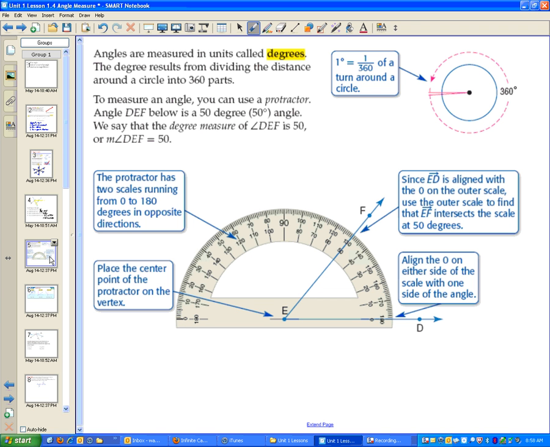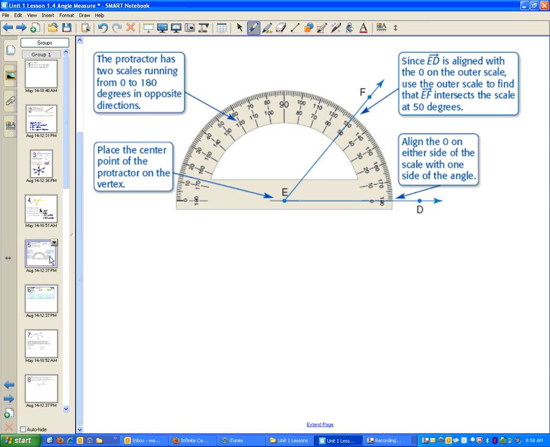All right, now, I think you already know how to use a protractor. The biggest thing is you've got to make sure that when you're measuring an angle, you line up the 0 on the protractor with one of the sides of the angle. Most protractors are like the one shown here on the screen, where that is the bottom of your protractor, but that's not where you need to line up the angle.